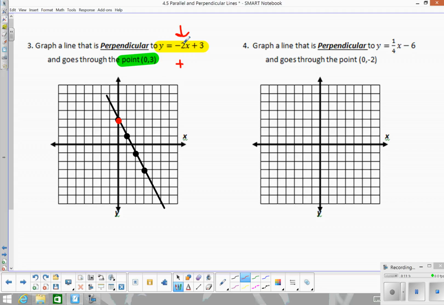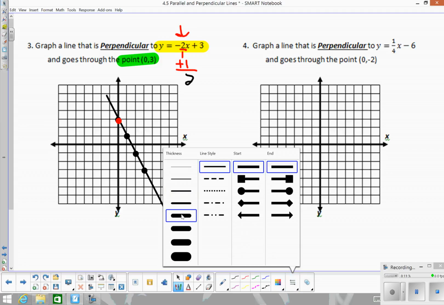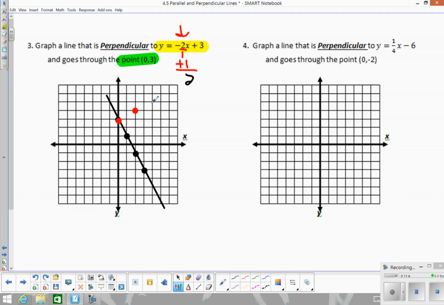And if my slope is 2 over 1, my perpendicular slope is going to be the opposite, which is 1 over 2. So from that point, I'm going to go up 1 to the right 2, up 1 to the right 2, right there, and right there. I'm going to take a line and graph it like that.